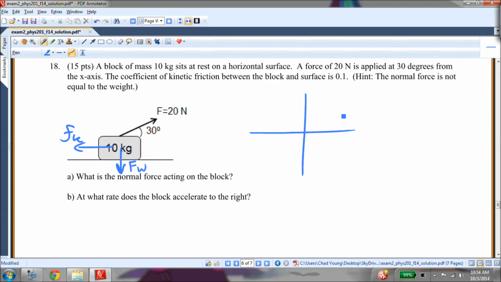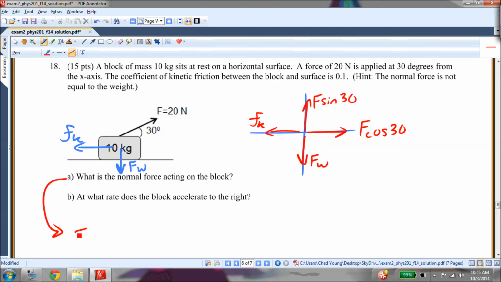Now I can draw these on my coordinate system. This is Fk, this is Fw, this is going to be F sine of 30, and this will be F cosine of 30. Okay, now I just want to know the normal force.